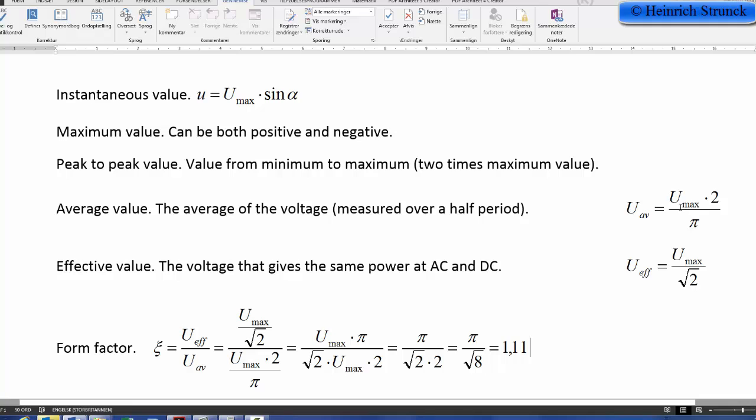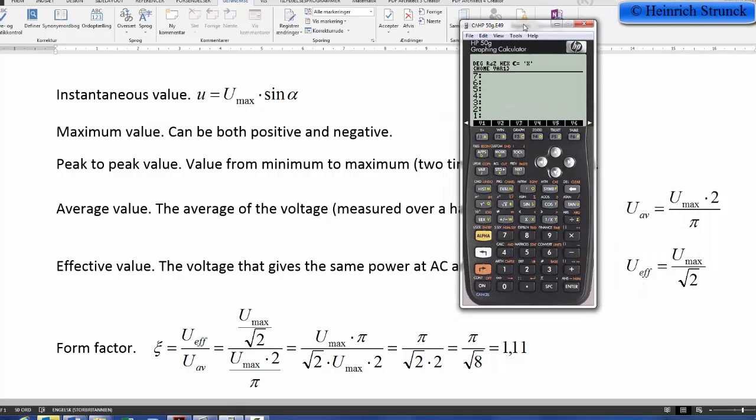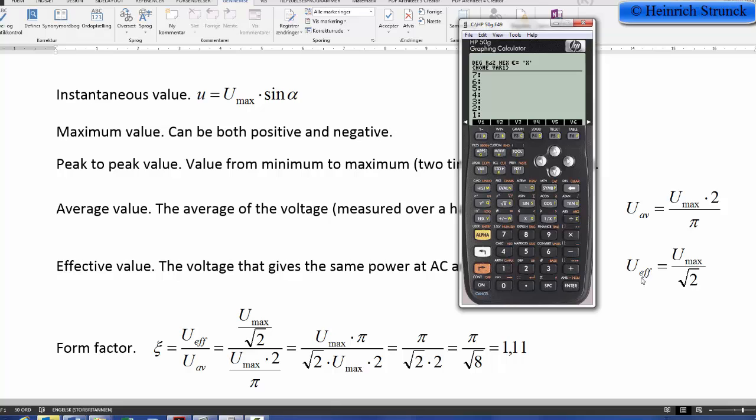We'll first see the average value and try to find out. And first we'll have to find out the maximum value, because we know that in the Danish system the voltage is 230 volts effective, and if we multiply by square root of 2 we get the maximum value.